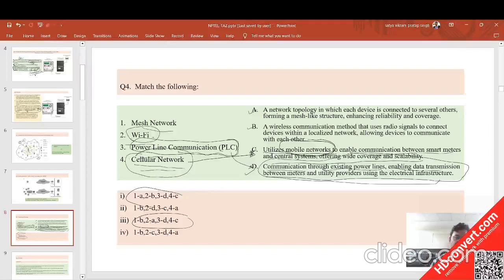Now the Wi-Fi part, what is Wi-Fi? Wi-Fi is a wireless network. Suppose the first is connected, this wireless communication method that uses radio signals to connect devices within a localized network, allowing devices to communicate with each other.